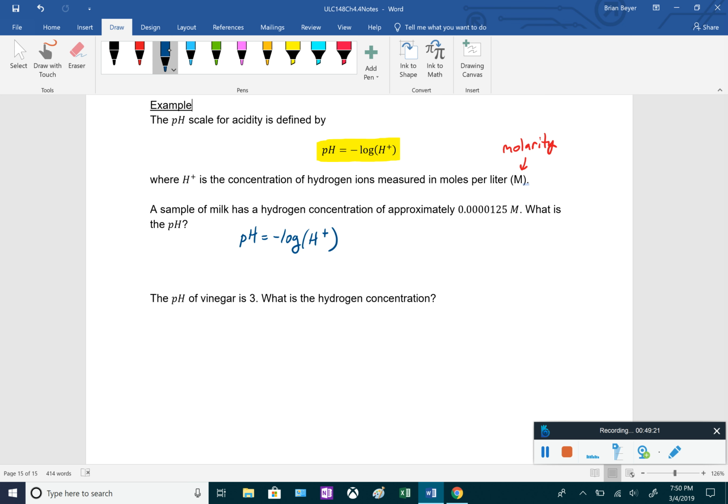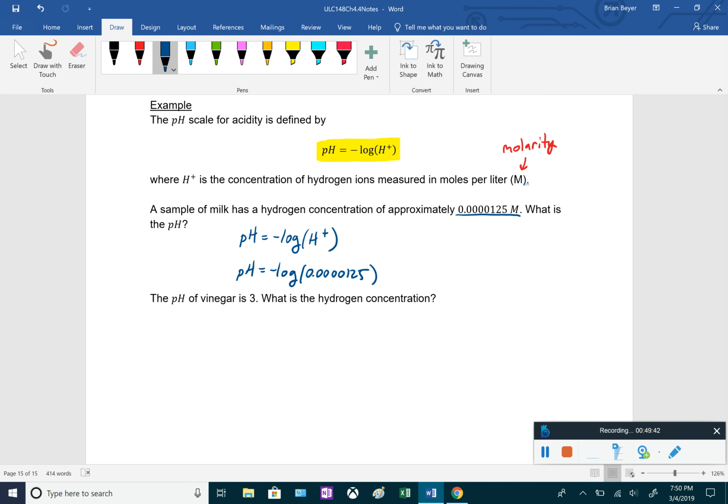We have the concentration of hydrogen ions, it's about 0.0000125. So I'm going to plug that in. So it's going to be pH equals negative log of 0.0000125. I'm going to leave out the units.